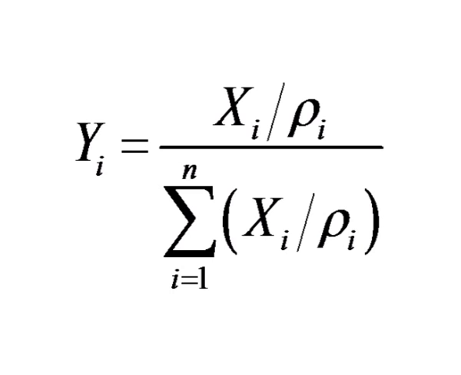Here xi is the weight fraction and rho i is the density in kilogram per meter cube of the ith component.